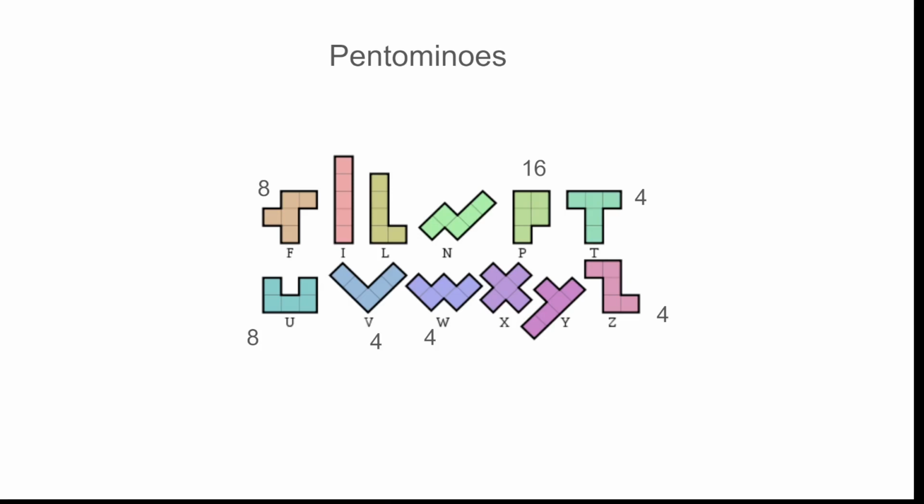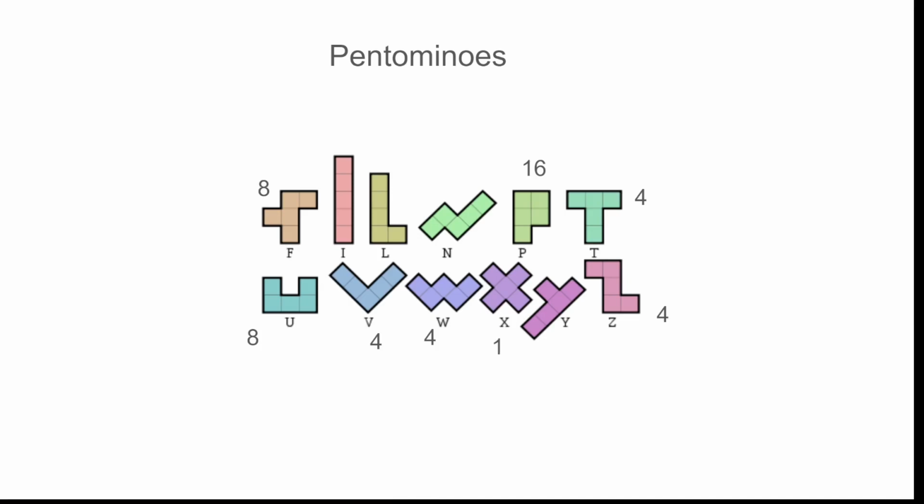Basically, if you reflect it across a vertical line, you'll end up with the same shape. Because of that, it's not as obvious when you put it in the Slitherlink grid, but if you reflect it and then rotate it 180 degrees, you'll end up with the exact same shape. So you have to be careful not to double count that as well. So there are 4 each for V and W.